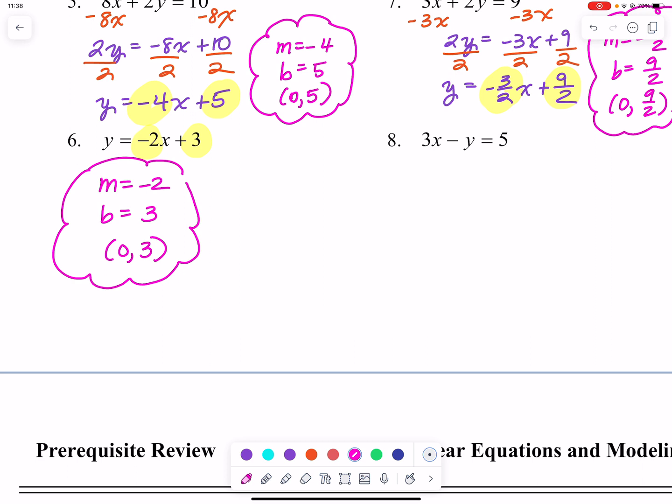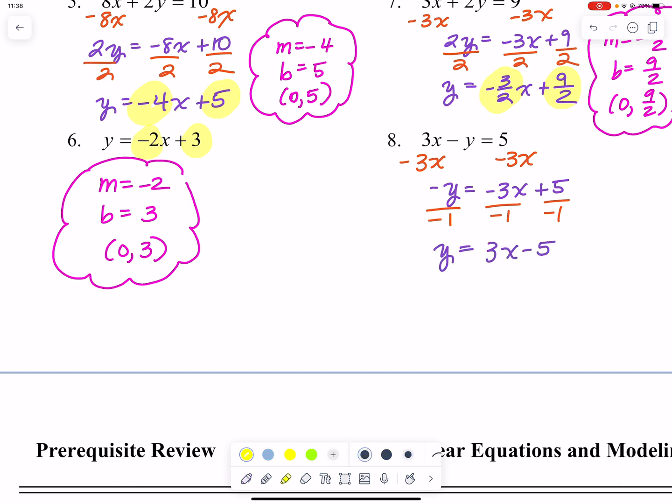Jumping over to number 8, let's go ahead and subtract 3x from both sides. And we have -y equals -3x plus 5. We could divide every term by a -1, and we have y equals 3x minus 5.